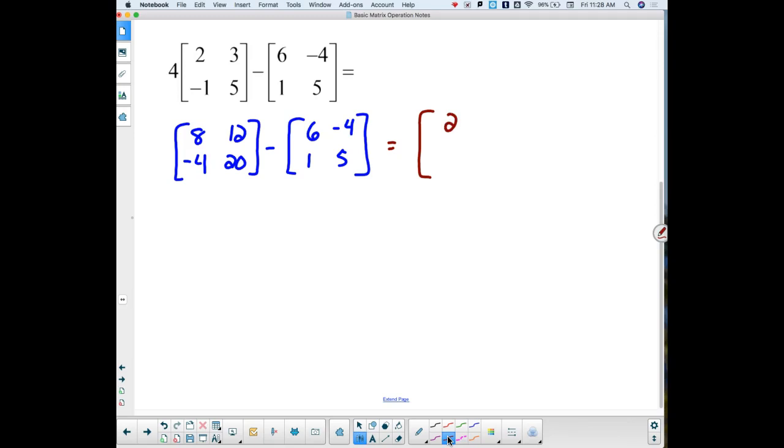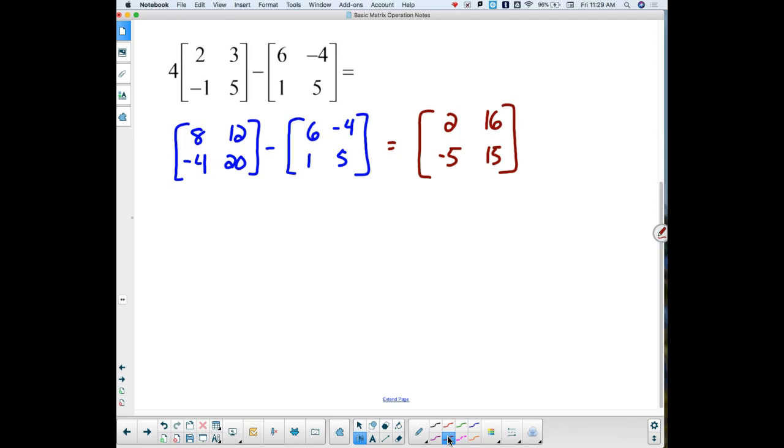Second element would be 12 minus negative 4, well that's 16. Third element would be negative 4 minus 1, well that's negative 5. And the last element would be 20 minus 5, and that's 15. So that's my result. 2 by 2 matrix of 2, 16, negative 5, 15.